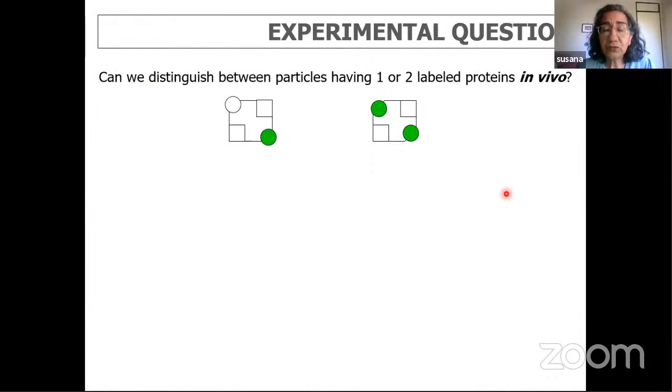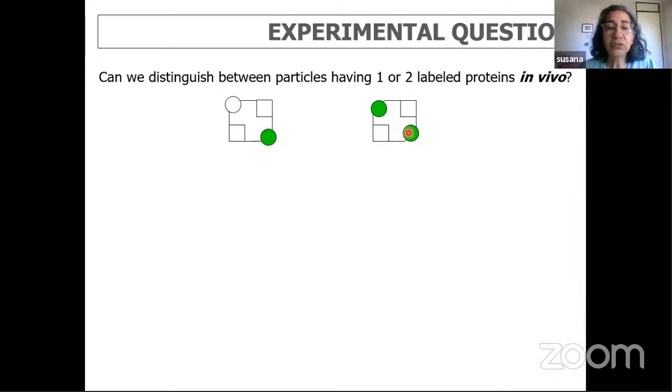So the first question we want to ask, and this is what the talk is about, this is the application, I'm not going to talk about the other one, was to first resolve the main technical problem. Can we distinguish in vivo ribosomes labeled with one GFP and ribosomes labeled with 2 GFPs?